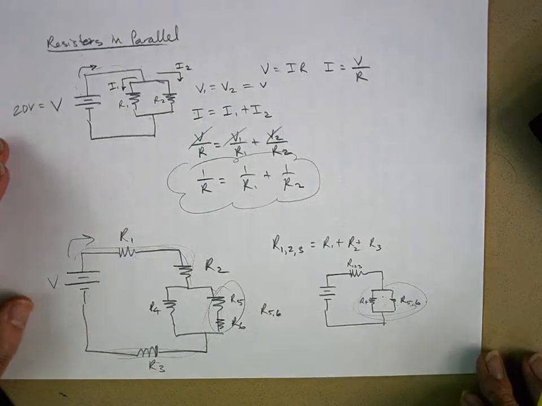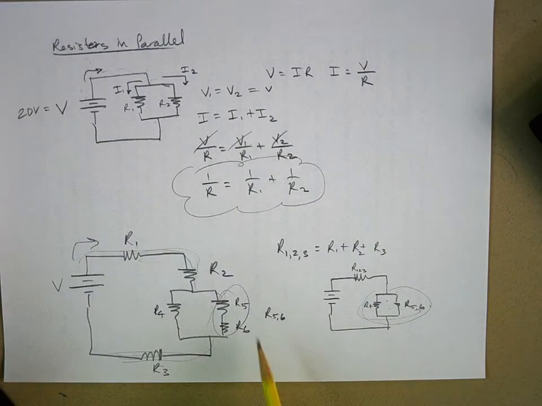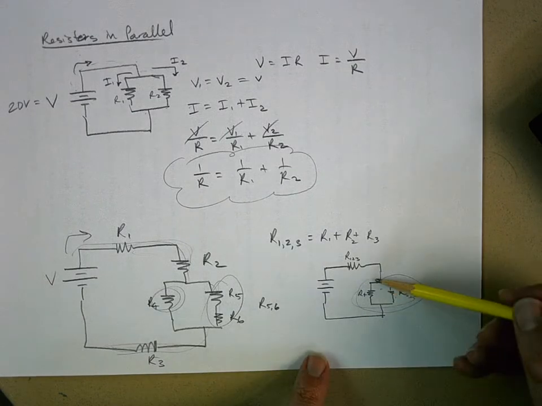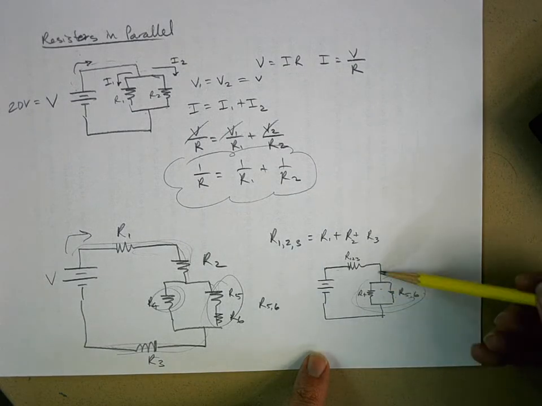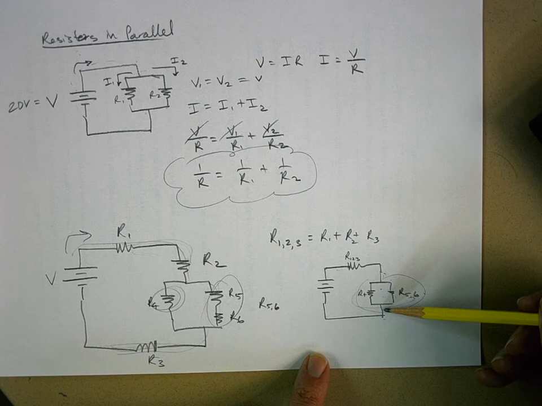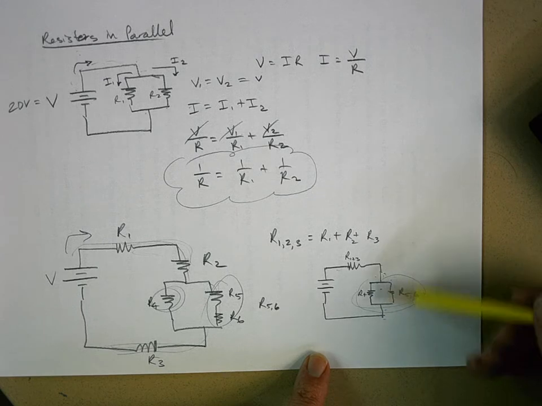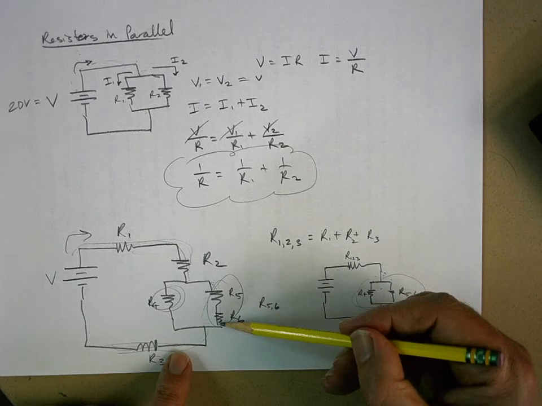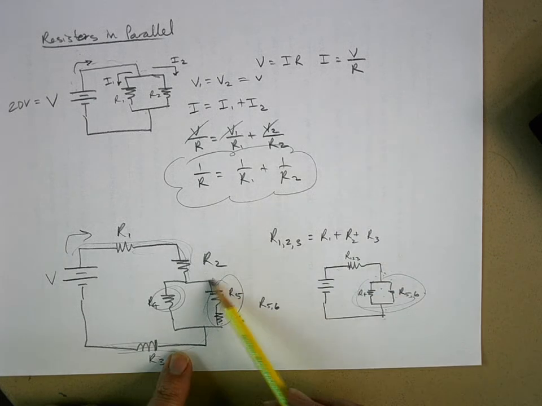And then what if I wanted to know, well, what is the current through this? Well, then you back out. You say, well, let's figure out what this voltage drop is. Then I can figure out what this voltage drop has to be. And then once I know that voltage drop, I know the current through here. Once I know the current through here, I can figure out the current through here. If I know the current through here, I can figure out the voltage drop here and the voltage drop here.